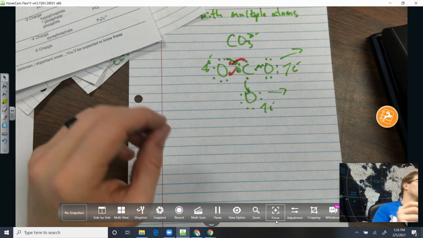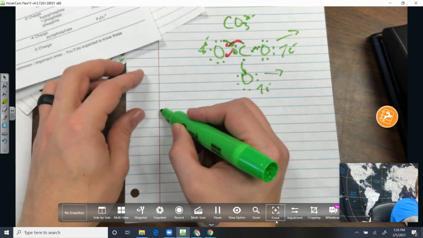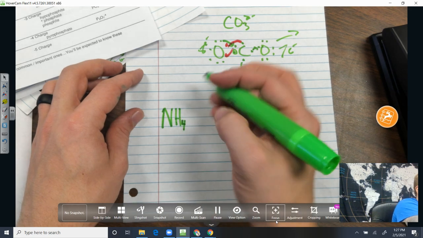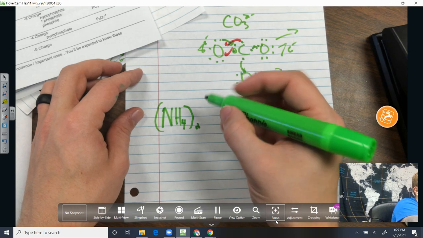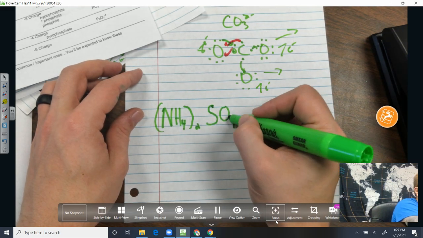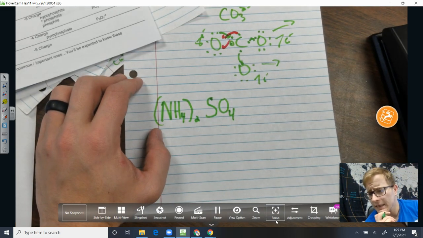So let's say I give you NH4 with this nice little parentheses and a 2, and let's do sulfate, SO4. Now, you say, Mr. Curlin, how the crap do I name that?